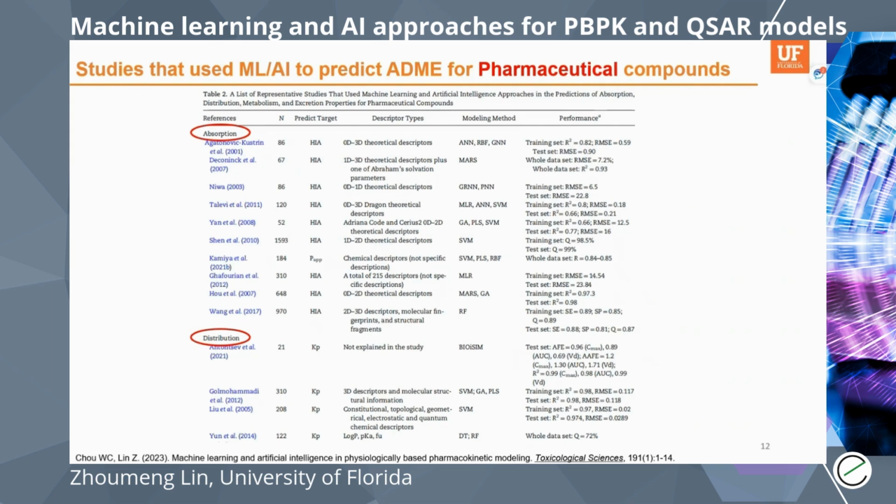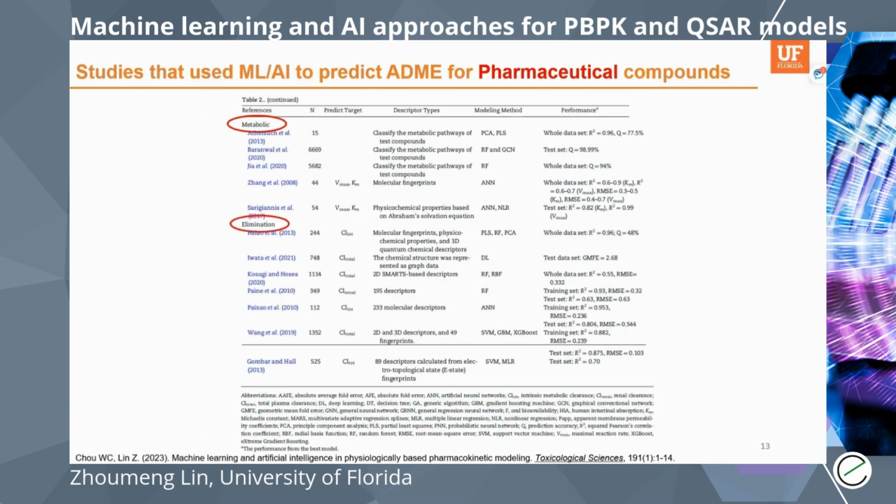We also summarize many studies on machine learning models to predict absorption and distribution, as well as metabolic and elimination properties. This could include human intestinal absorption rate constant, partition coefficient, maximum metabolic rate, and renal or total clearance. This table is for pharmaceutical compounds.